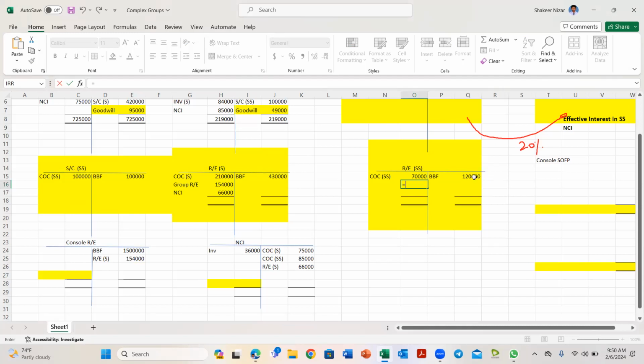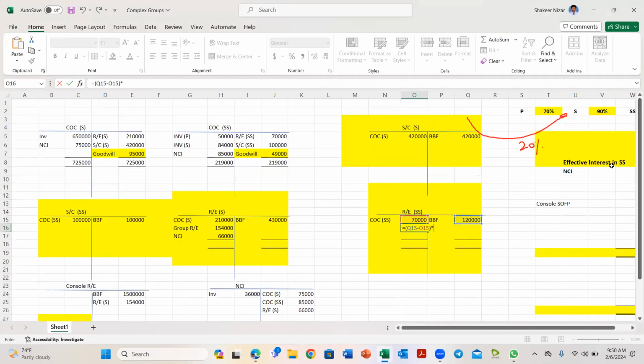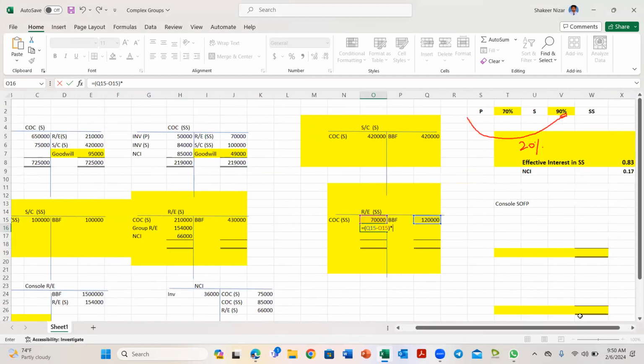Then we have this one, but keep in mind, you can't recognize that directly. Into the effective holding percentage 83%, that is 41,500.